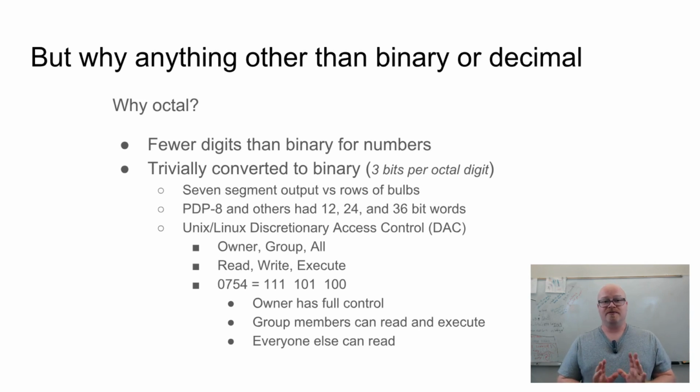So octal, first of all, if you take a particular value, 1,592, whatever that value is in the decimal world, if you represent that value with binary, you're going to end up with a long string of zeros and ones.